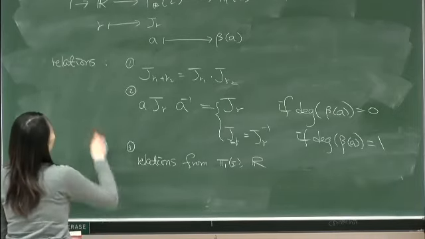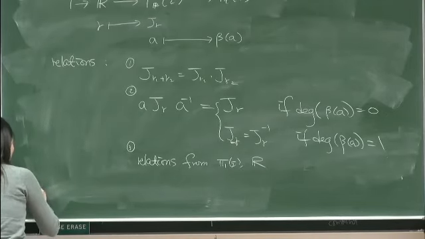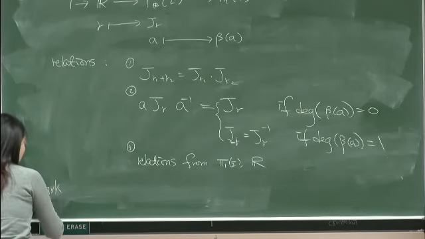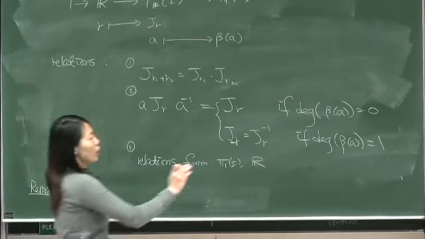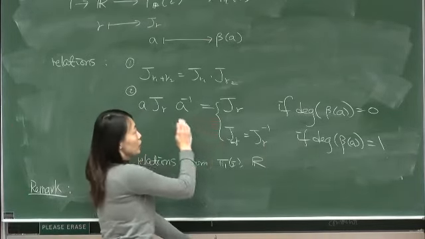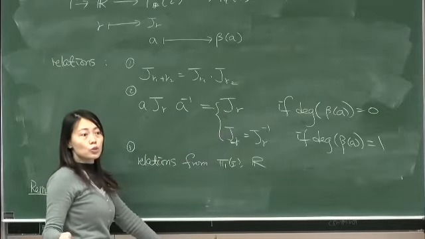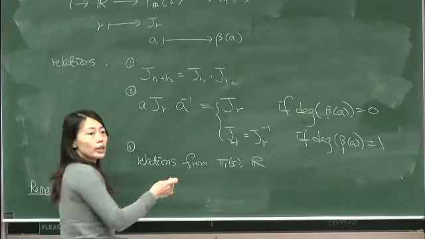Okay, so you have this. So this is the central extension. And so you see that if all the degrees are 0, which means that your surface is orientable, then the relation is A JR A inverse equals JR. So that's the usual central extension that we are familiar with.